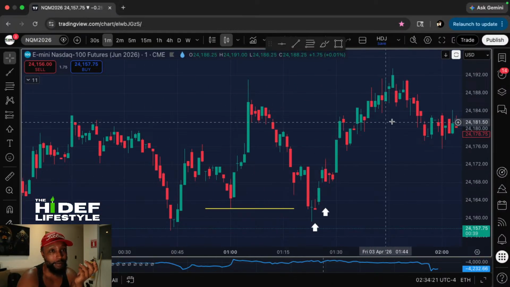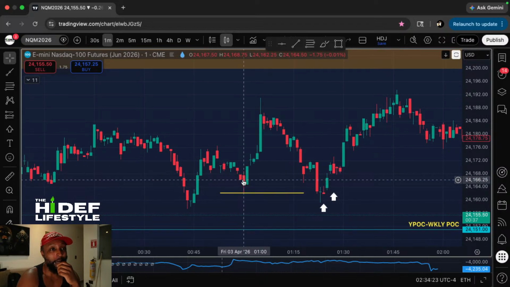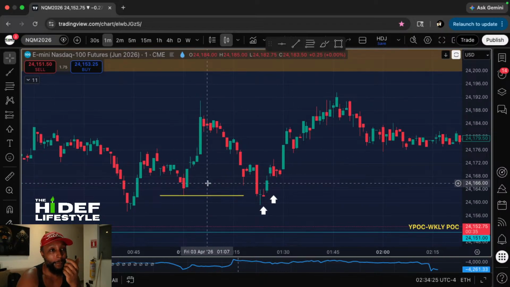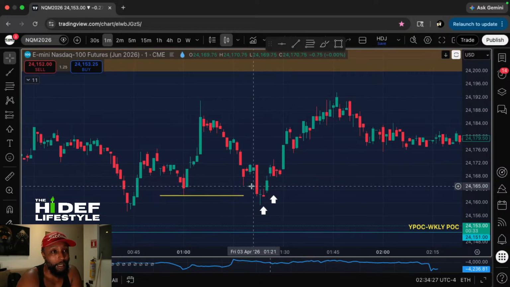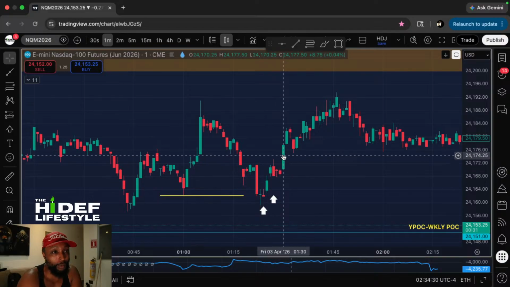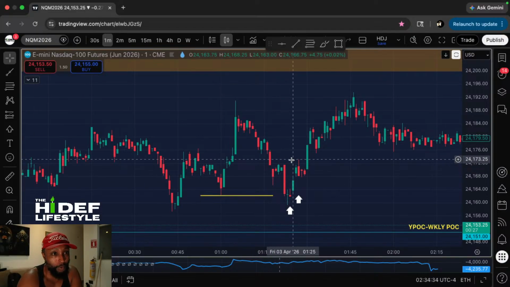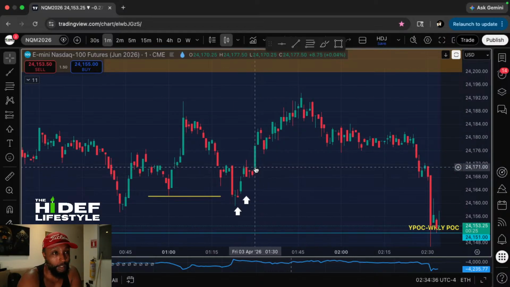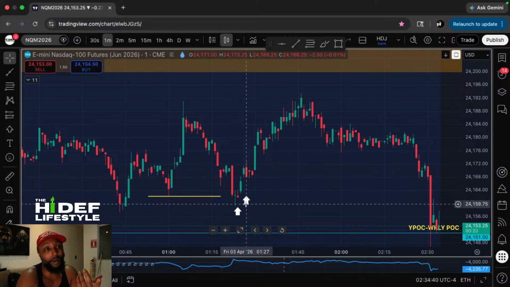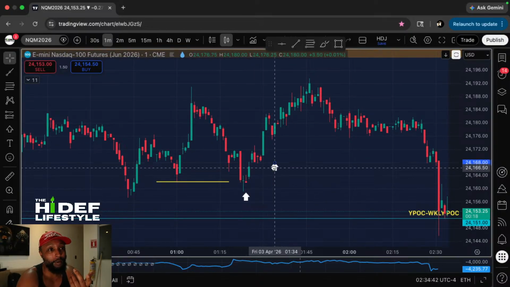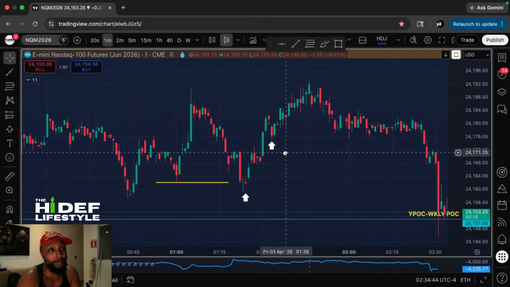Same thing, right? Okay, now let's just say if I would have waited until this candle showed up. So this candle broke some structure here and was an aggressive 1 minute candle. And what if I would have got in right here instead of right here, right?